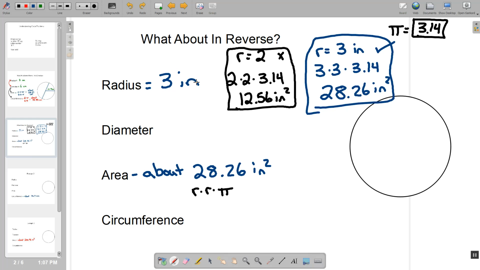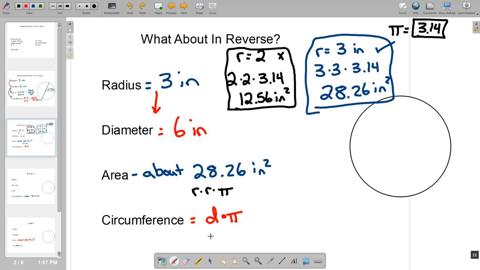From here, I can now solve this problem just like I always have. So if the radius is 3, that means the diameter must be 6, because the diameter is twice the size of the radius. Then I normally find the area next, but I already have the area because this problem gave it to me. So now I use the diameter to find the circumference, which is diameter times pi.